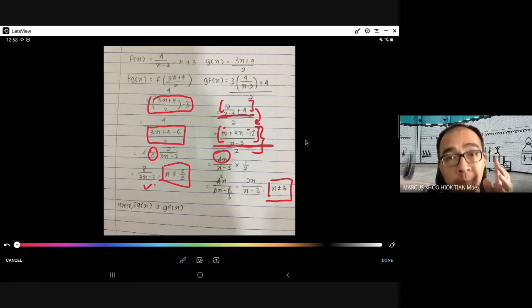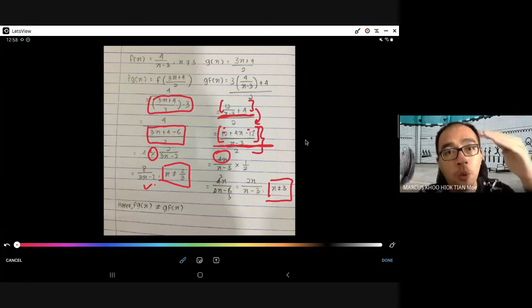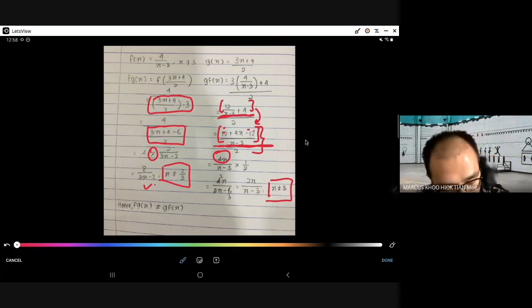So one thing to note when you copy this down later is that if you have a function where the x is at the bottom, like this, you have to add this extra line over here.